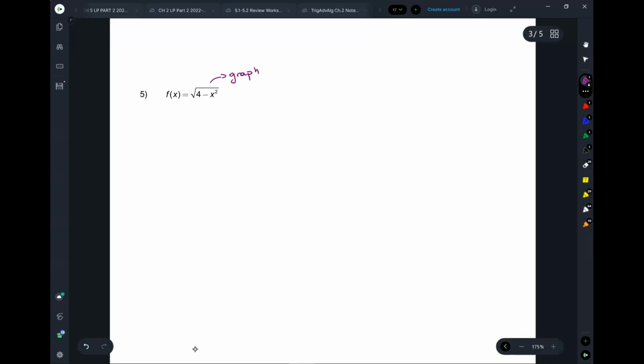In the coming lessons, you're going to know exactly how to graph this by hand. When you graph this, this is a semicircle with a radius of 2. So it goes from -2 to 2. Okay? So the domain is -2 to 2.